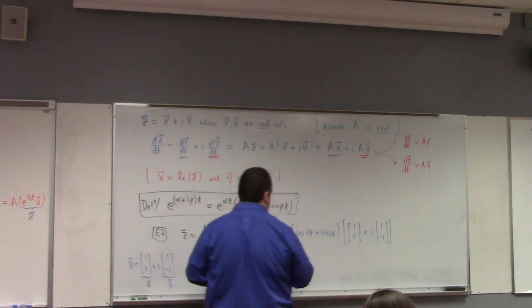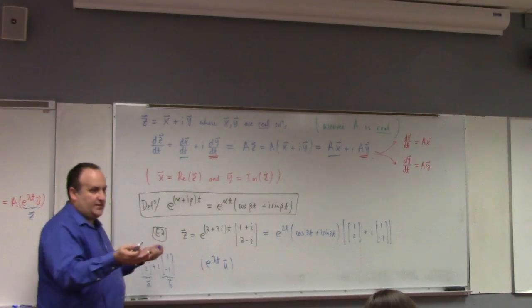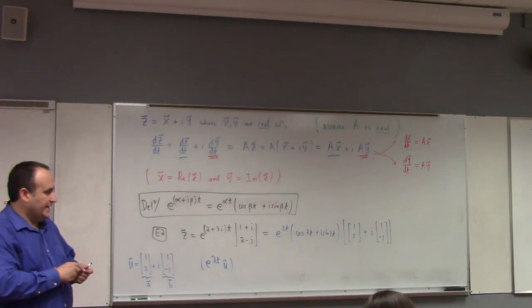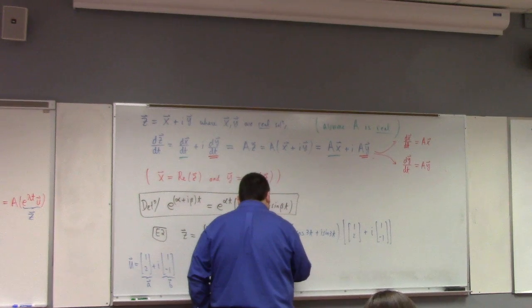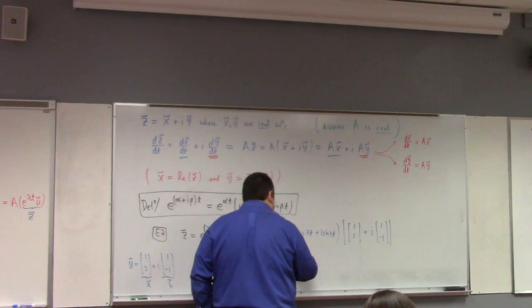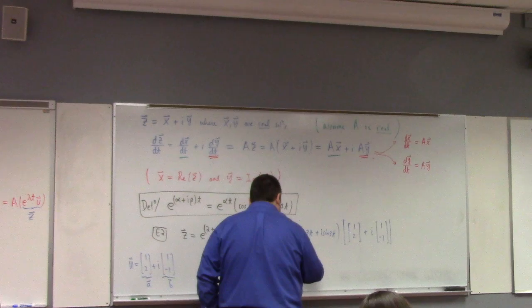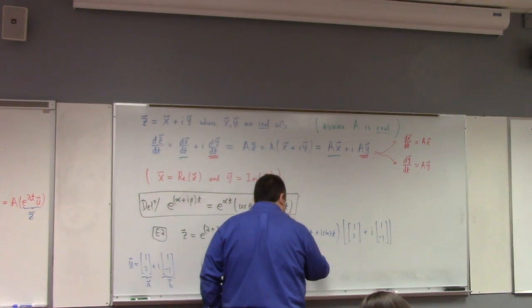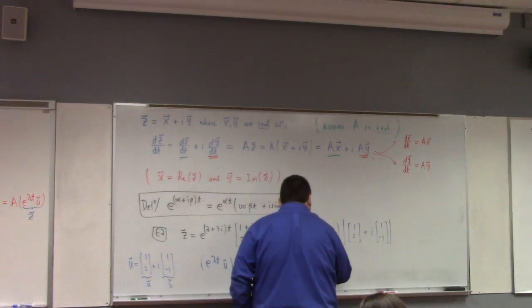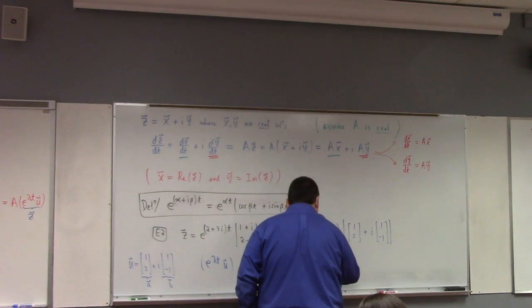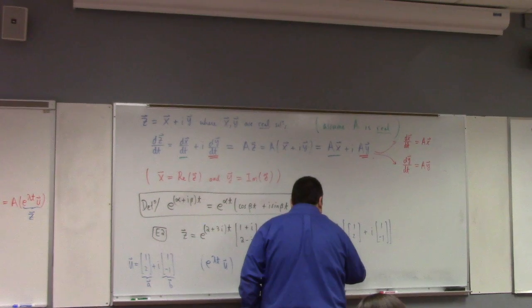How do we find the real and the imaginary parts of that? We just multiply it out. I'll leave the e to the 2t out front, but that's going to give me cosine 3t times 1, 2, minus the sine of 3t times 1, minus 1.